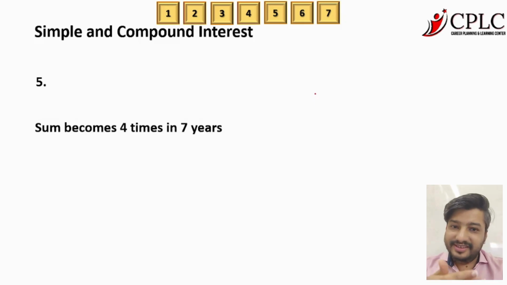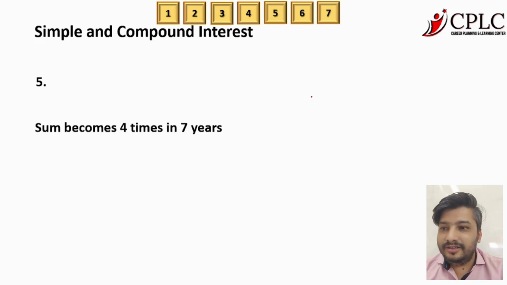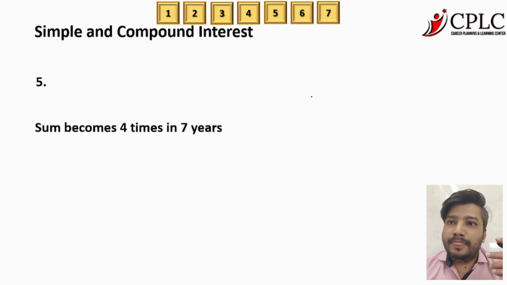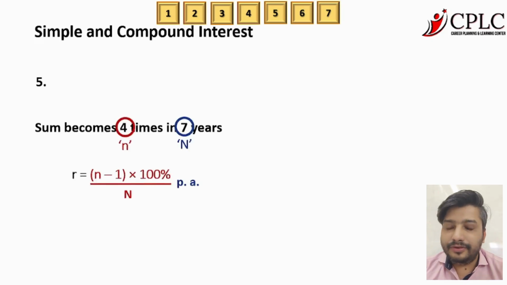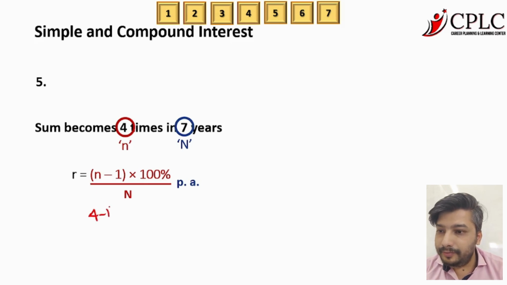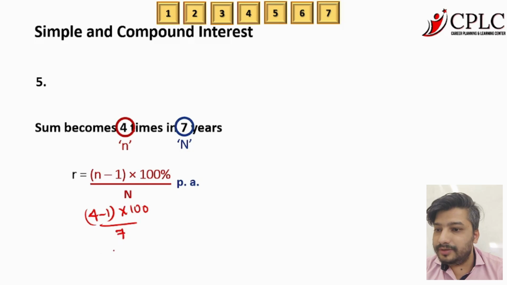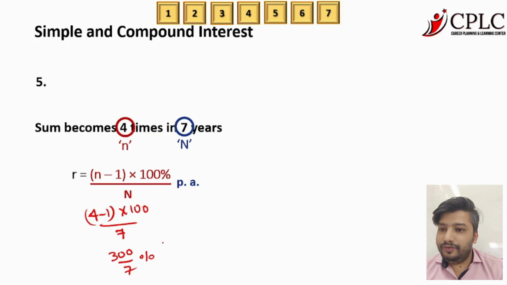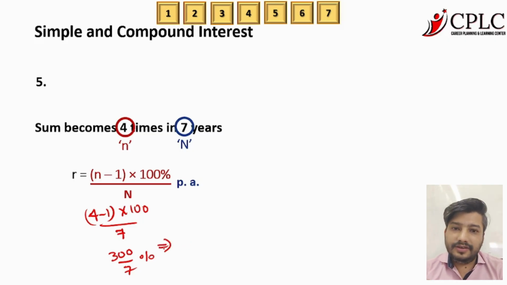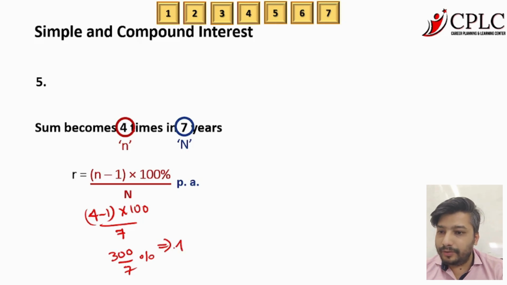R becomes (n minus 1) into 100% upon capital N, where small n is the number of times and capital N is the number of years. Basically, all we need to do is substitute in this formula. So 4 minus 1 into 100 upon 7. So this becomes what? 300 by 7%. If you want, you can simplify. 1 by 7 is 14.28, so 3 by 7 is 42.85%.